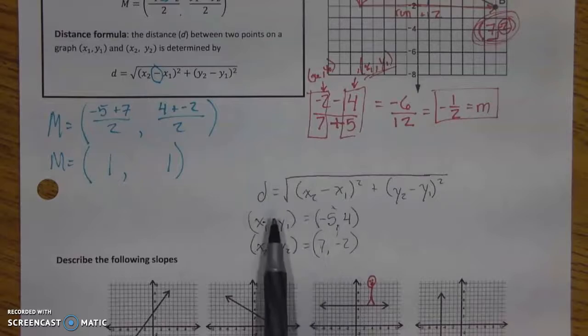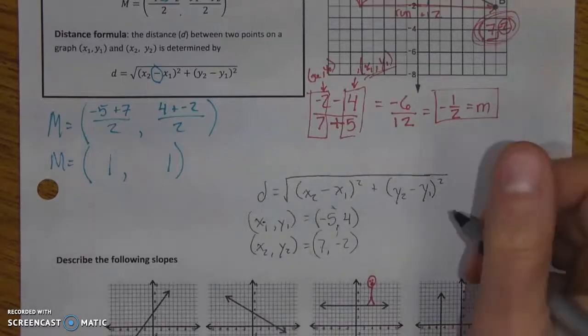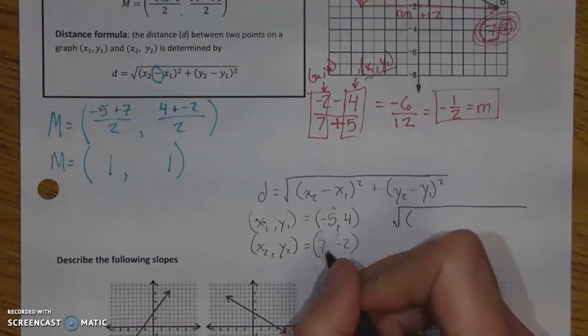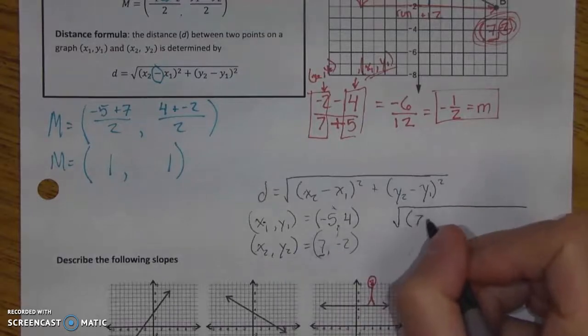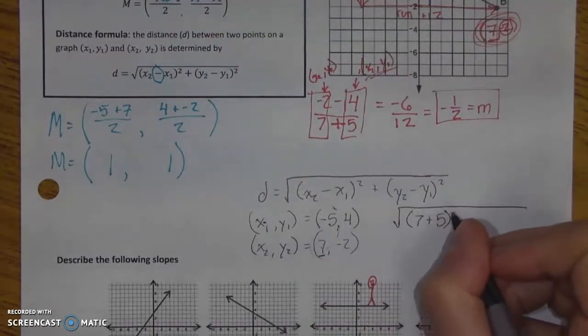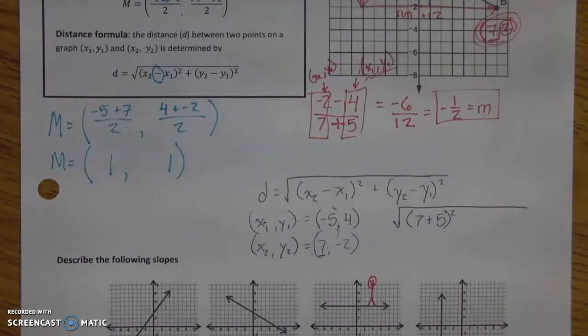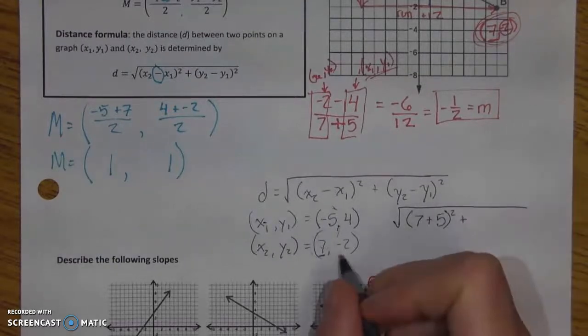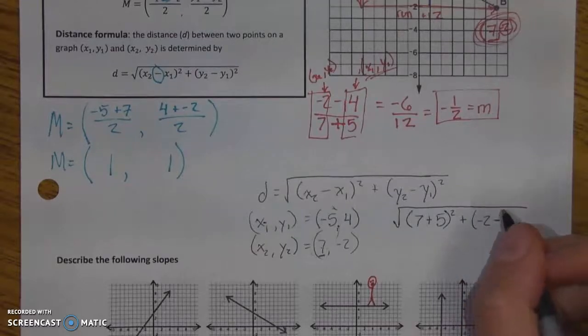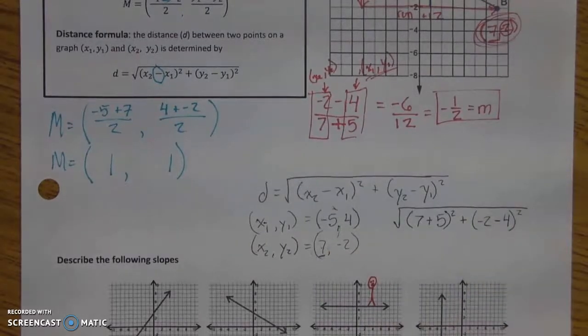Now I can substitute in each of these values. So my distance is going to be equal to the square root of x2, 7, minus x1, which is a negative 5, so it's going to turn into a plus, and that's going to square, plus y2, which is a negative 2, minus y1, which is a 4, and again, I'm going to square that. Please watch out for order of operations here.